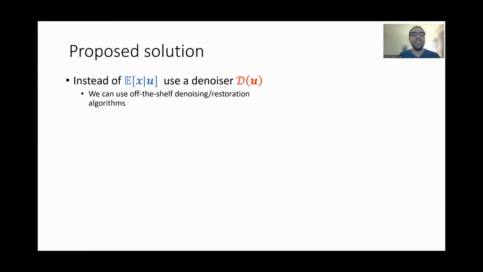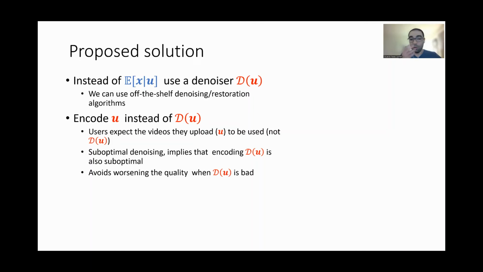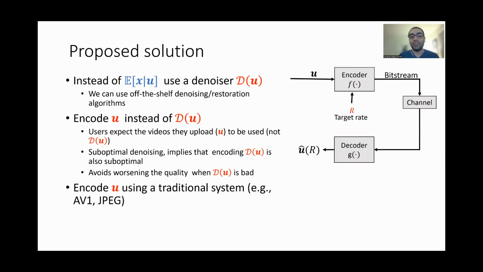What we do is we replace the optimal denoiser by a practical denoiser that we can get using off-the-shelf algorithms. We also encode U instead of the denoised U. One of the reasons is that the users expect their video to be uploaded to the internet, not a denoised or modified version. And then we use a traditional compression system, for example, JPEG or AV1.